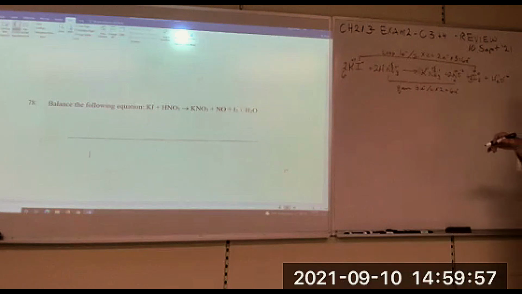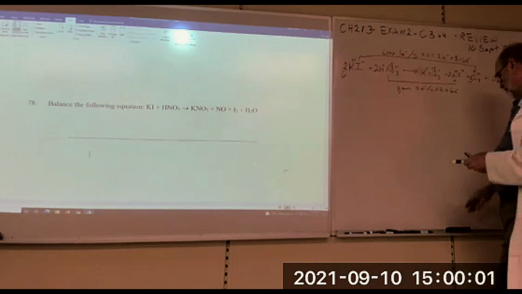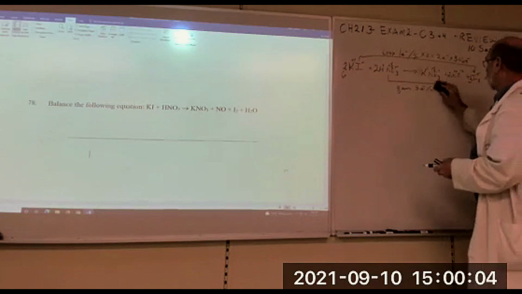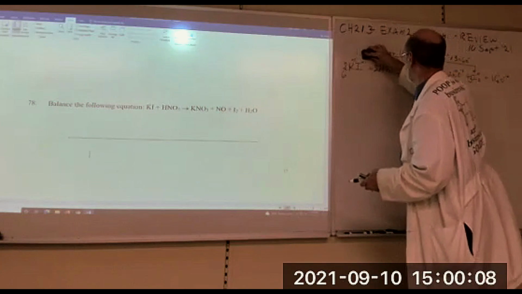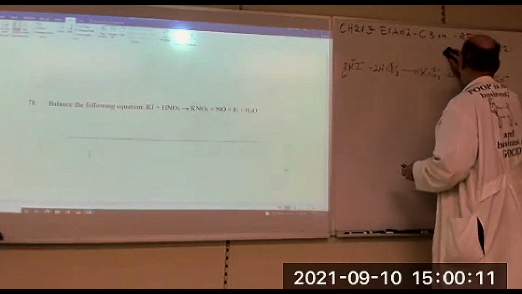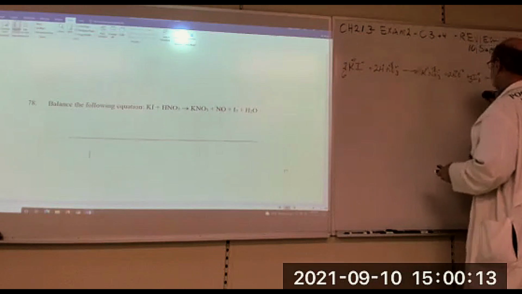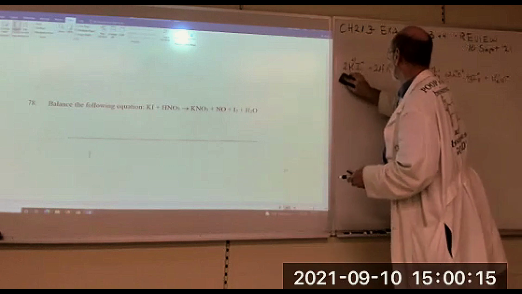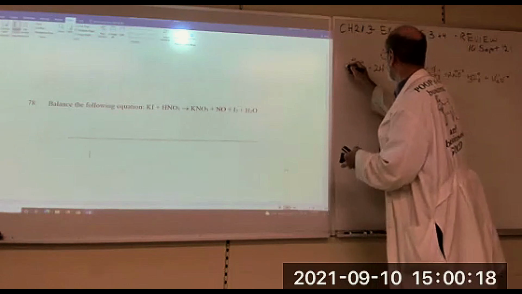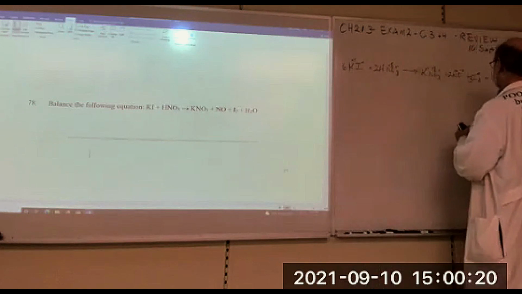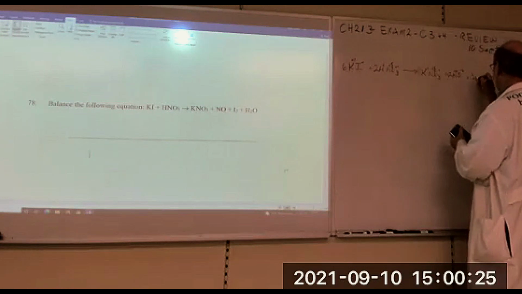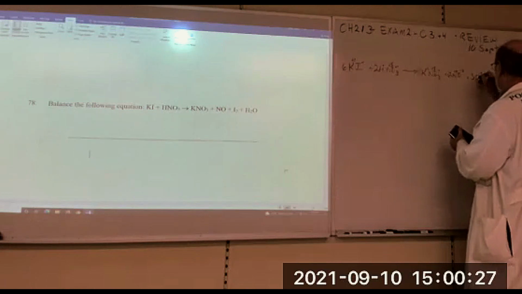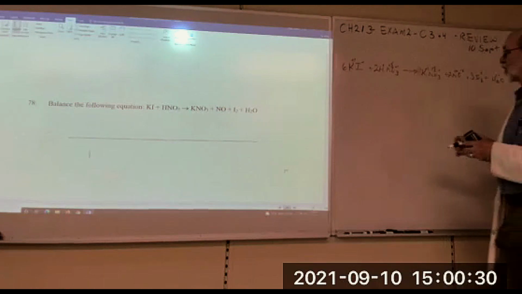This is our new starting point for balancing the equation with a budget. So from here on in, we're going to work like that. And let's replace that with a 6. And that one's a 3. So let me move this out just a little bit. 3 iodines. There we go. So now we can do our budget.